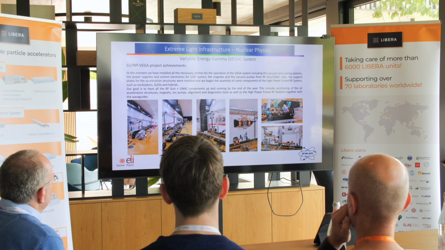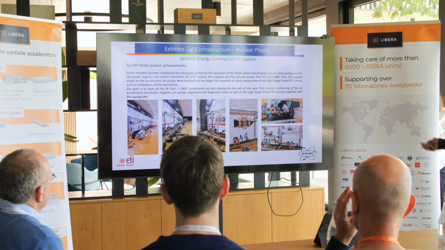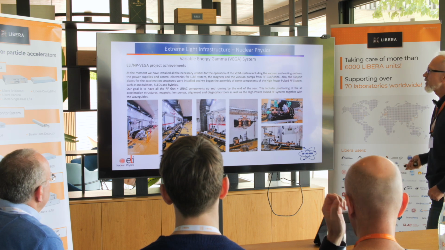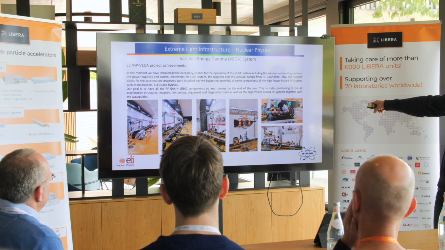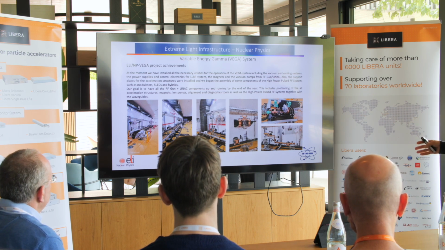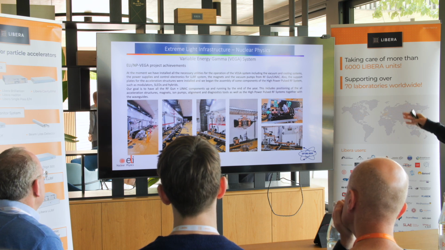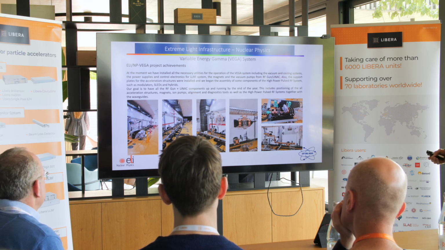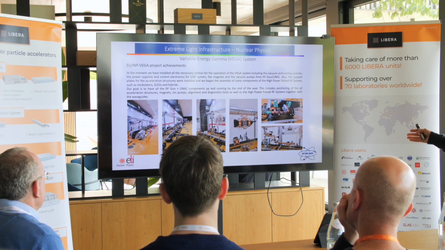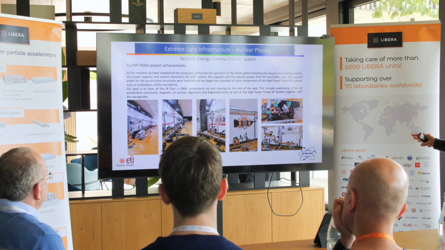So now what I want to underline at the end of my presentation is what we achieved up to now. Here we have some pictures which show that we finally succeeded to install all the utilities which will be used for operation of the line-up. So we have already installed the DC power and the AC power.